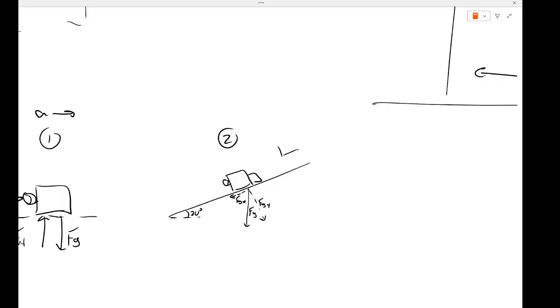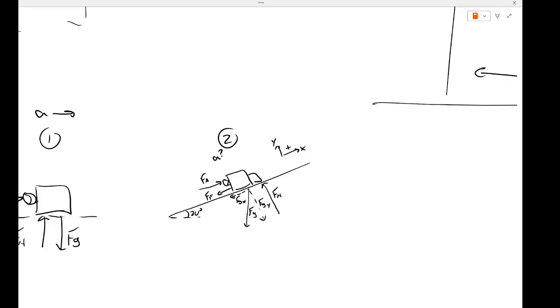On the ramp, we're going to call up the ramp the positive x, and away from the ramp the positive y. This thing is not leaving the ramp, and so that means we better have a normal force acting into the ramp. The motion is up the ramp. One of the things we don't know, we're definitely going to have some friction down the ramp. And we're still going to have that applied force up the ramp from the propulsion, but we actually don't know which way we're accelerating.